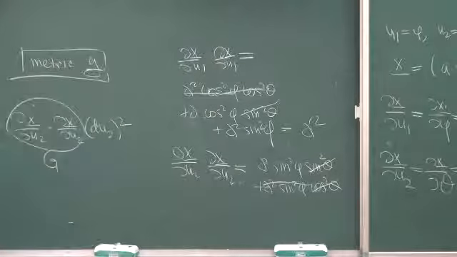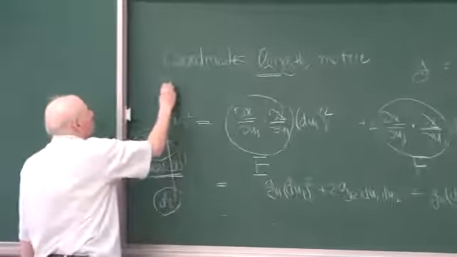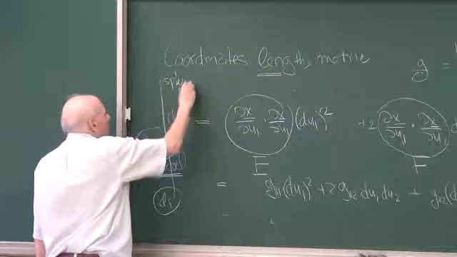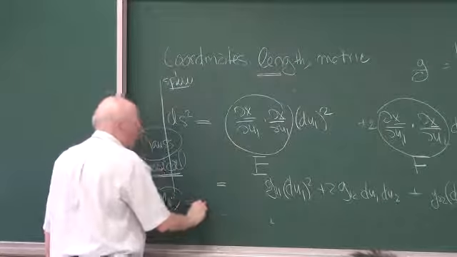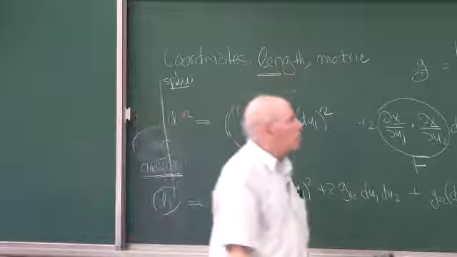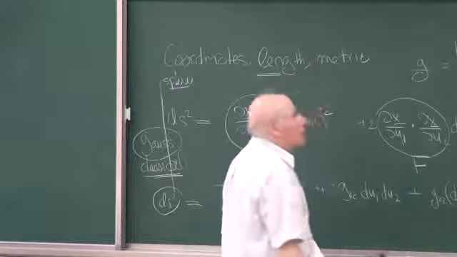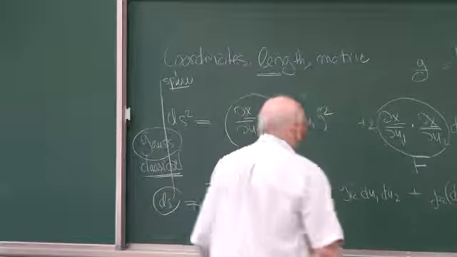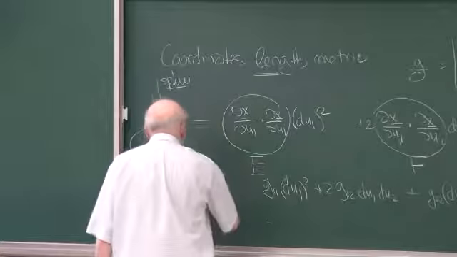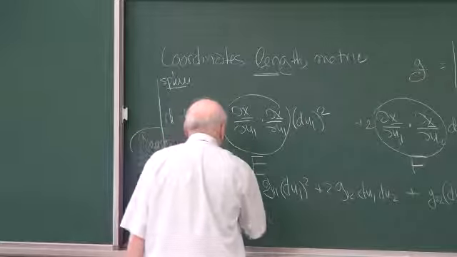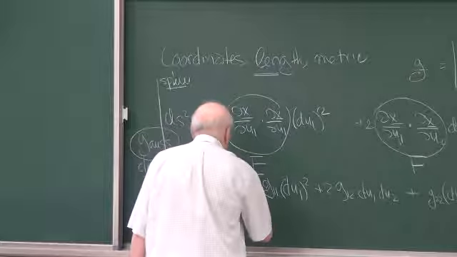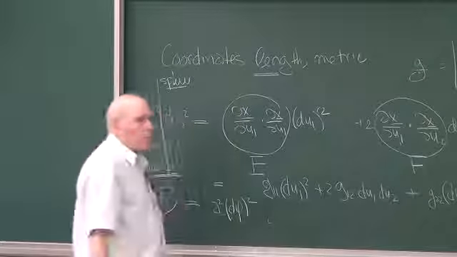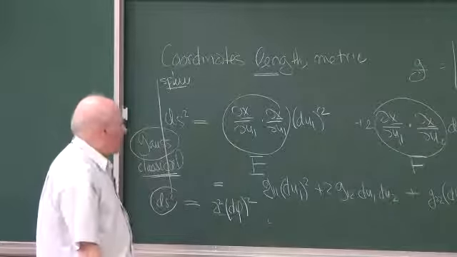So we found, on the sphere, the arc length, the s squared for the sphere, we can plug it in. We know the first one is a squared, and that would have been u1, but u1 is phi, so it's a squared d phi squared.